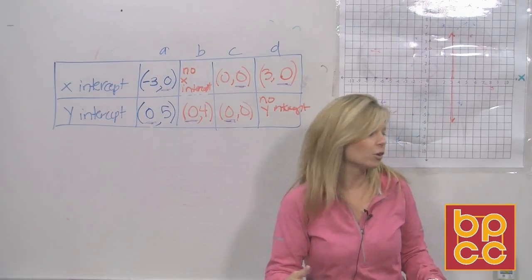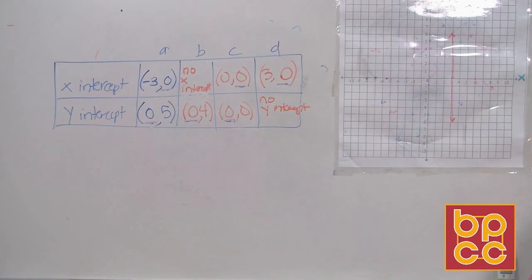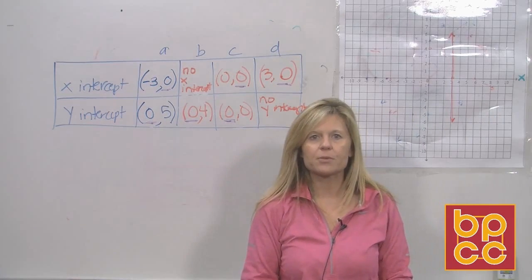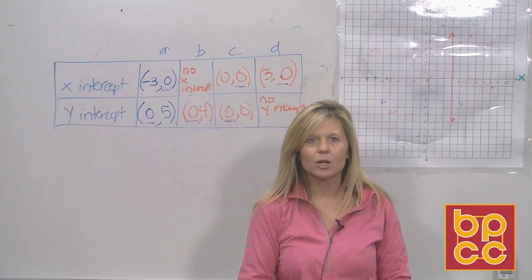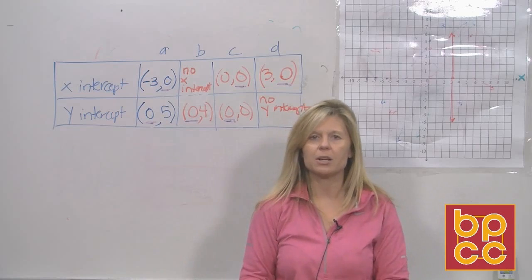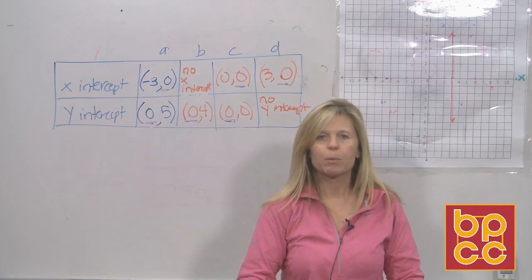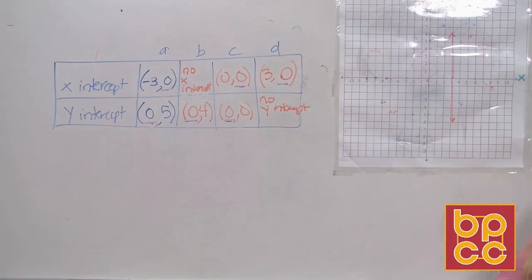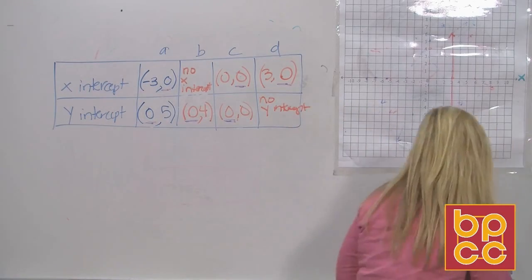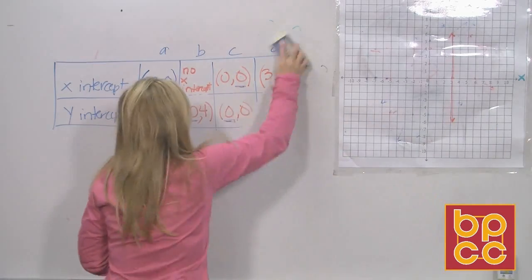So now, when you go to the next slide, you will see the rule. To find the intercepts, if I want the x-intercept, you replace y with 0. If I want the y-intercept, you replace x with 0. So let's look at our last diagonal line to graph.